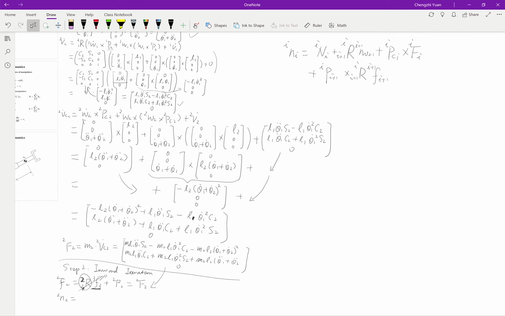Now we can do the inertia for the second link, in this case i equals 2.